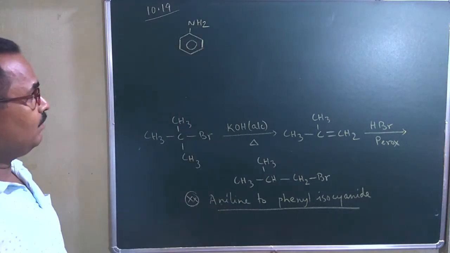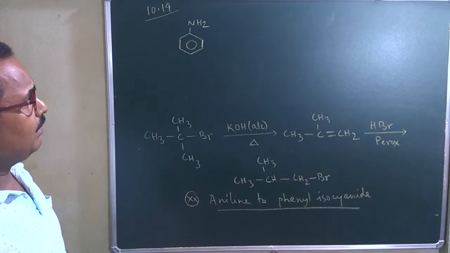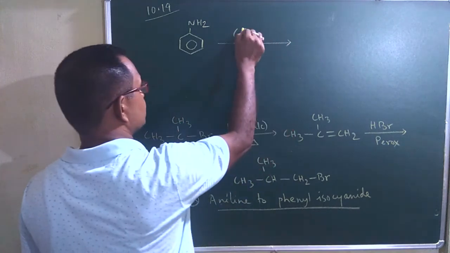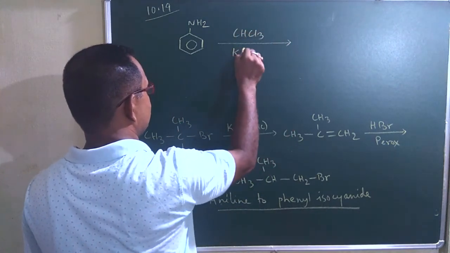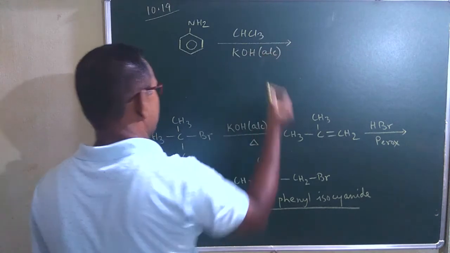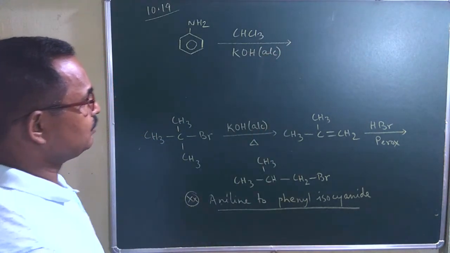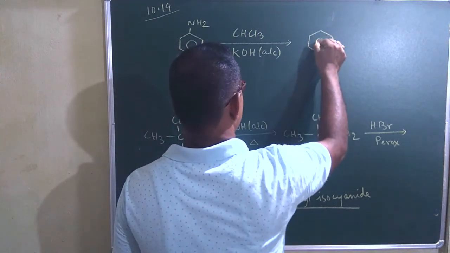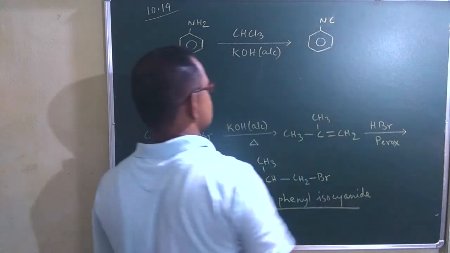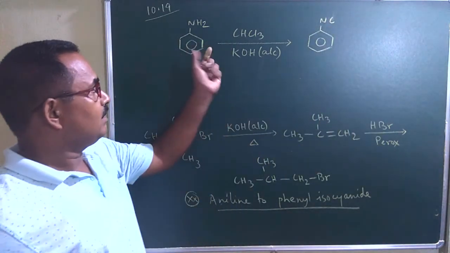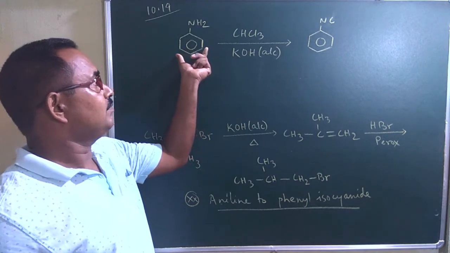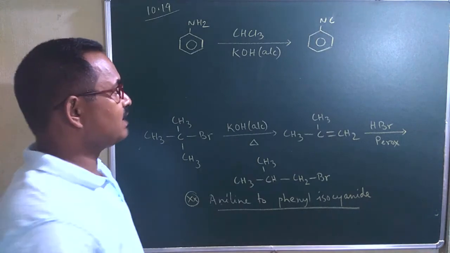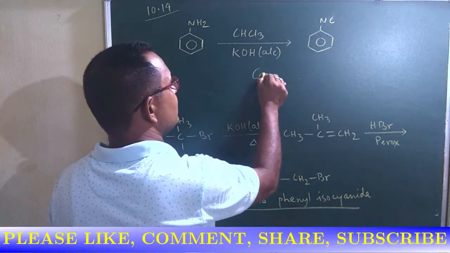An aromatic or aliphatic primary amine, when it reacts with chloroform and alcoholic potassium hydroxide solution, isocyanide is produced. This is the phenyl group. So this is phenyl isocyanide. This reaction is called carbylamine reaction.